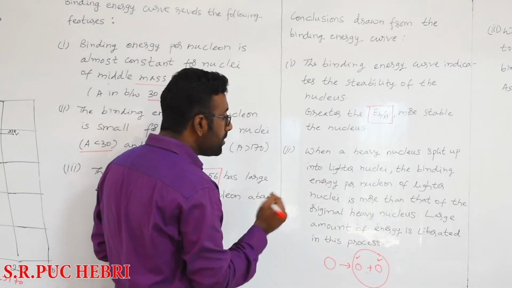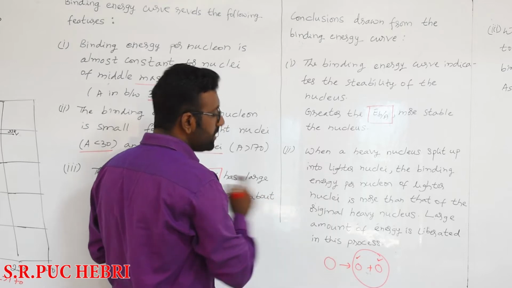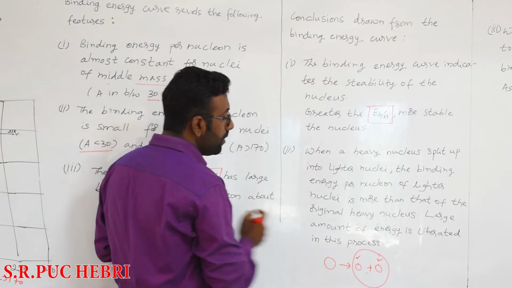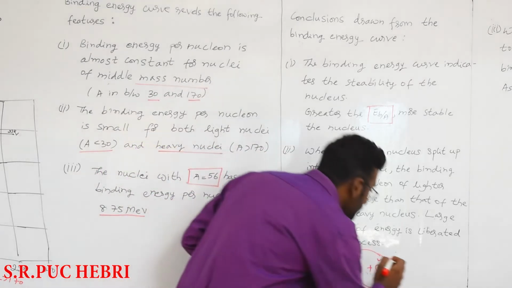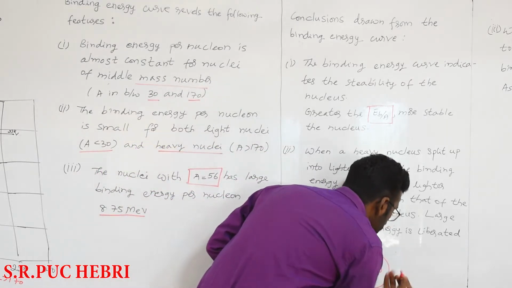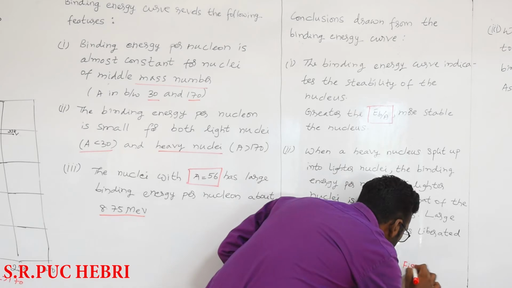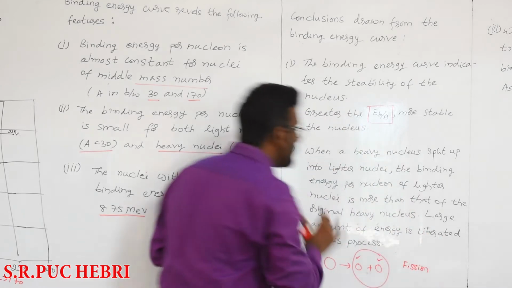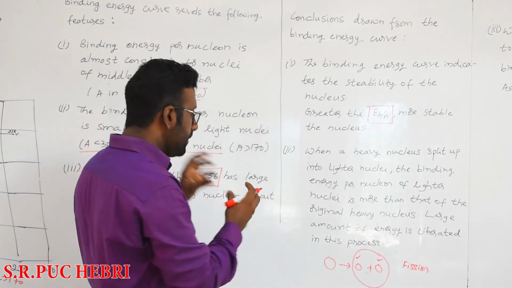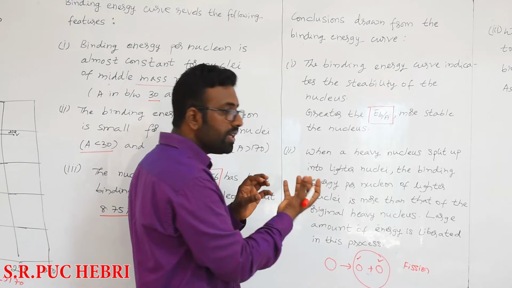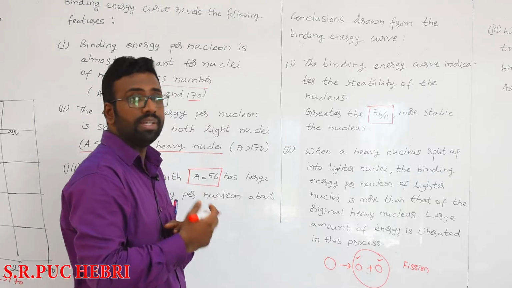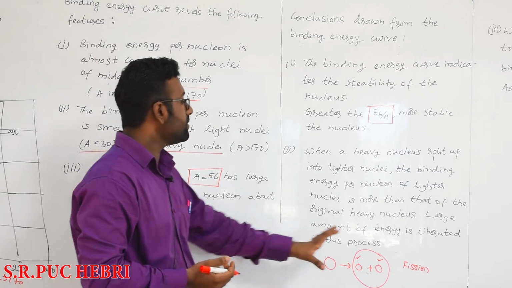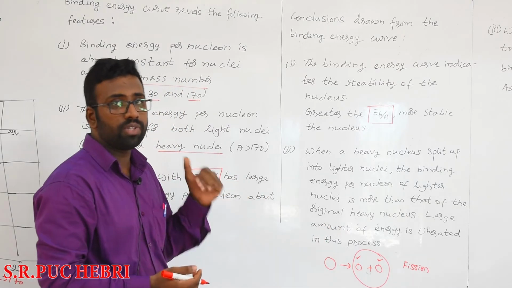So a large amount of energy will be released in this process, and this process is known as nuclear fission. I am just giving you a brief idea; we will discuss nuclear fission in detail.